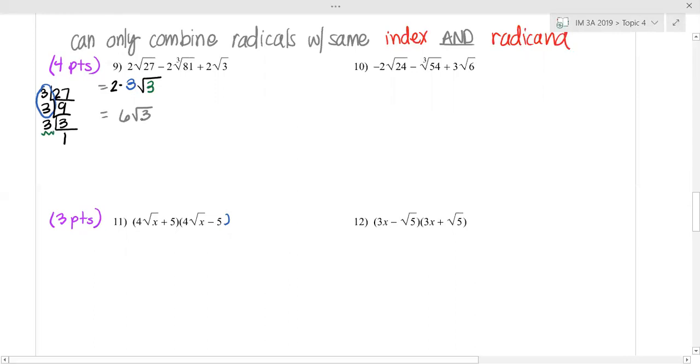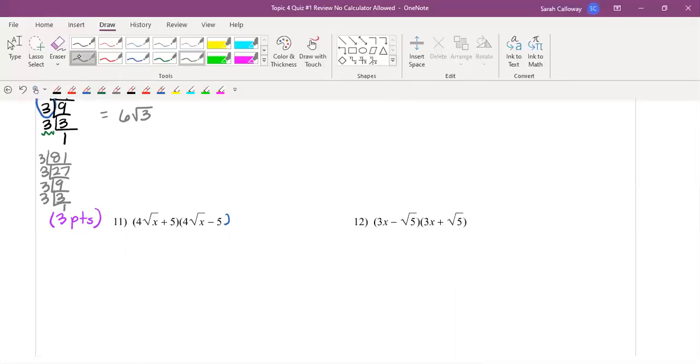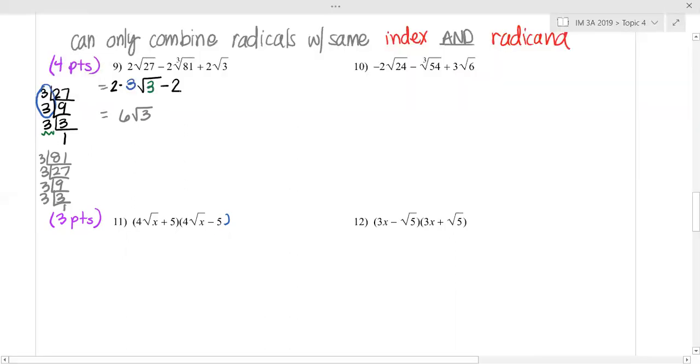Now I'm going to go ahead and do the same thing with the negative 2 cube root of 81. So the number 81 is also divisible by 3. 81 divided by 3 is 27. And then we already know 27 is those 3 3's. So I'm going to divide it by 3 again, get 9. Divided by 3 again, get 3. Divided by 3 again, and get 1. And so this one already has a negative 2 out in front of the radical.